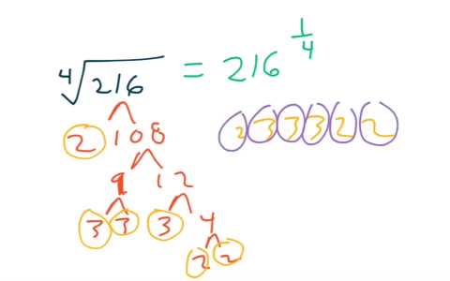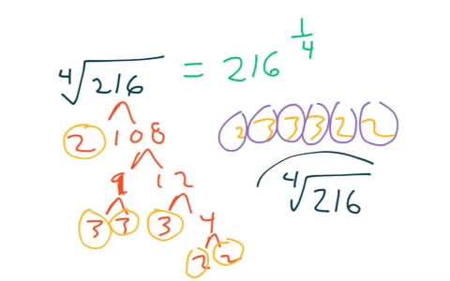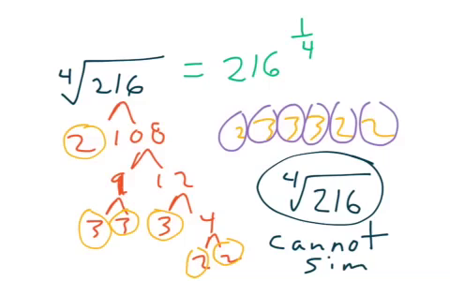I do not have 4 of any of those. So to simplify this one, we would just simply say it's the 4th root of 216. In other words, we cannot simplify further. It's already simplified. Okay? Now, pause the video.